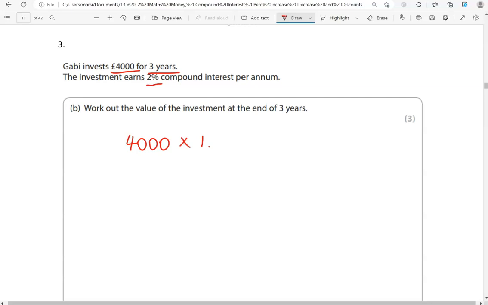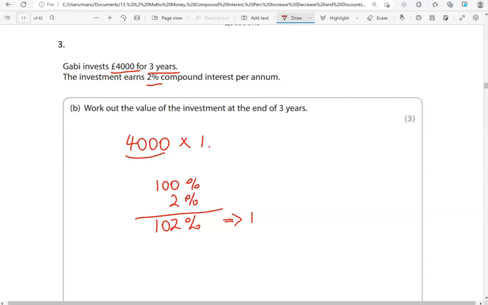So it's 2% we add in on top. So if you think of 100%, which is the £4,000, we add in 2% on top. So that is 102%. Now, how do we write this as a decimal?